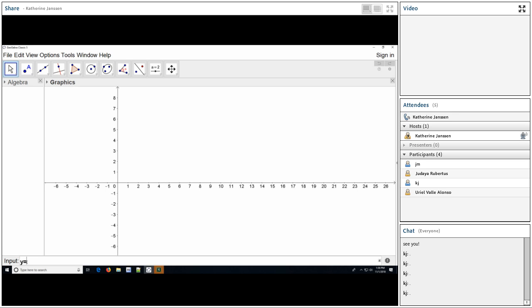So y equals negative 0.00006x cubed, use your caret symbol, plus 0.006 times x squared. We're going to subtract 0.1 times x plus 1.7 and enter.